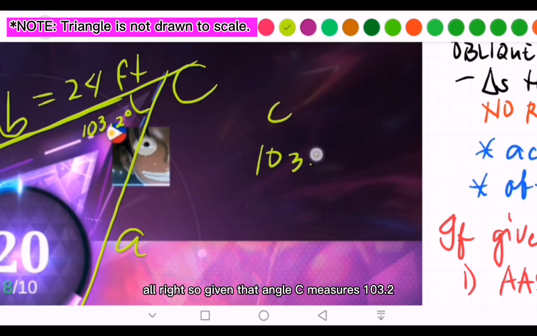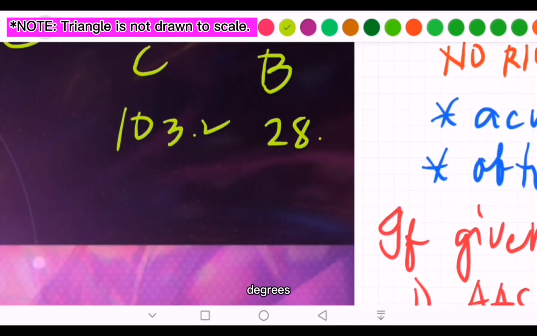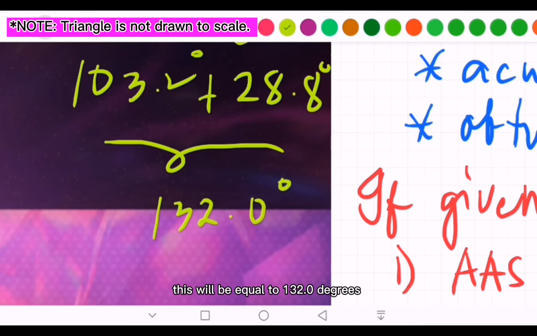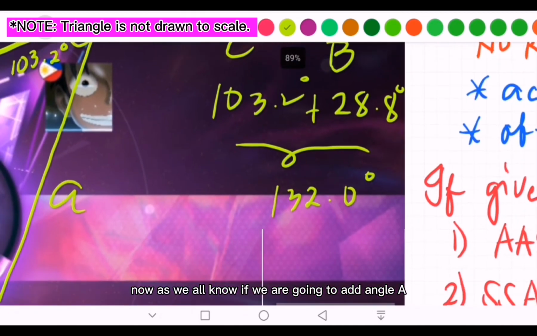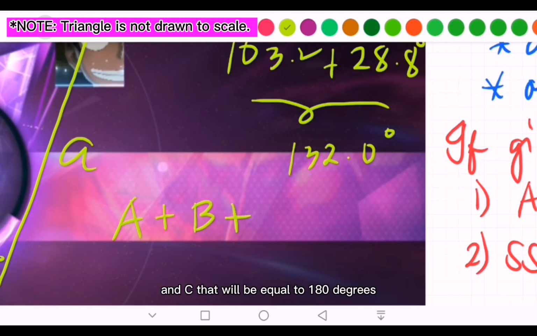The sum of these will be equal to 132.0 degrees. Now, as we all know, if we add angles A, B, and C, that will be equal to 180 degrees.